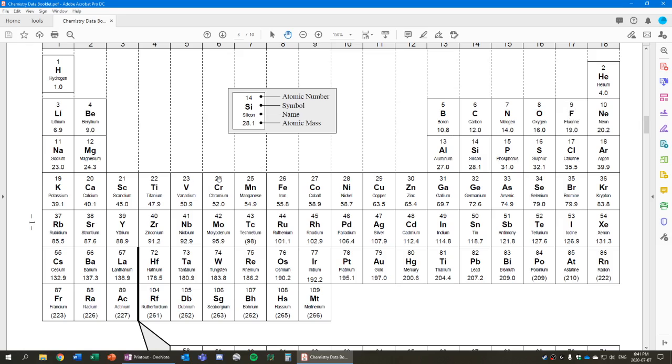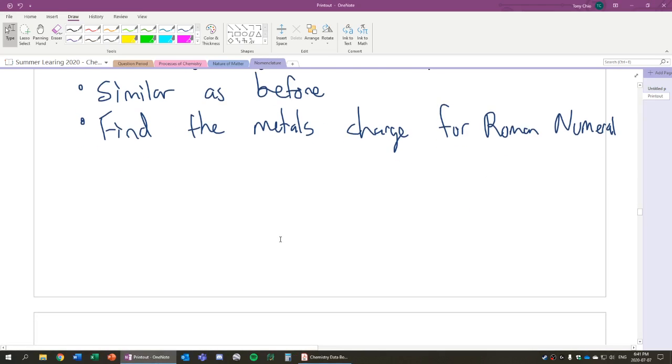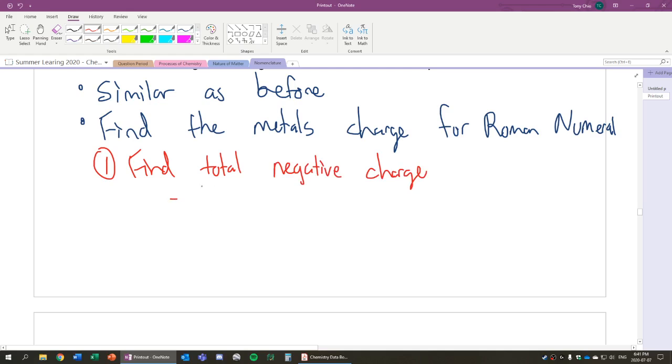So that means the metal must be +2. We're going to use that idea to help us balance out. So find the metal's charge for the Roman numeral. To do that, find the total negative charge. To find that, it's the non-metal charge times the number of nonmetals.